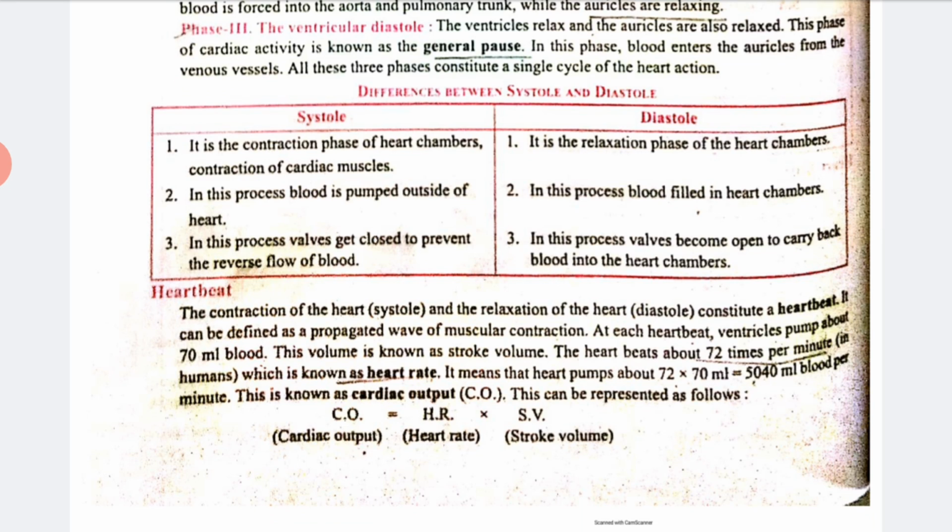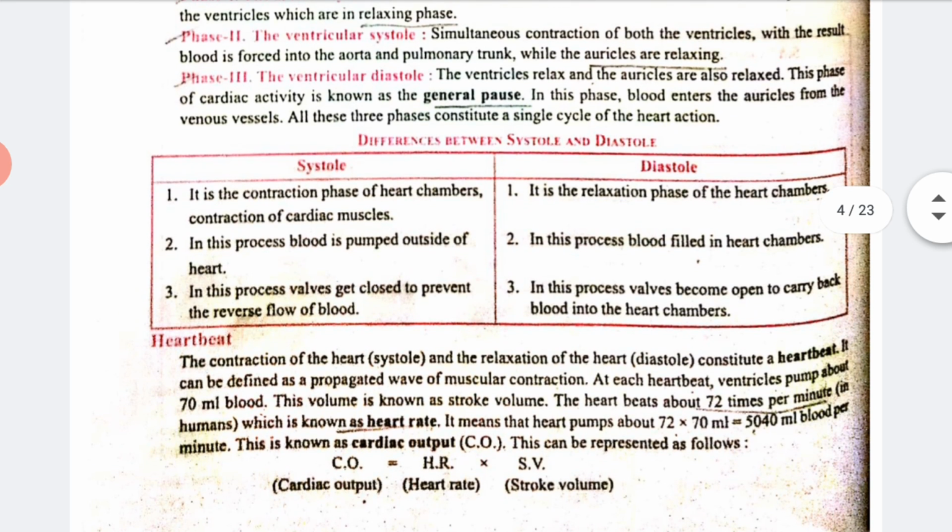Now let's talk about the heartbeat. The contraction of the heart, systole, and the relaxation of the heart, diastole, constitute a heartbeat. So it can be defined as a propagating wave of muscular contraction. At each heartbeat, the ventricle pumps about 70 milliliters of blood, and this volume is known as stroke volume. The heart beats about 72 times per minute, which is known as the heart rate.